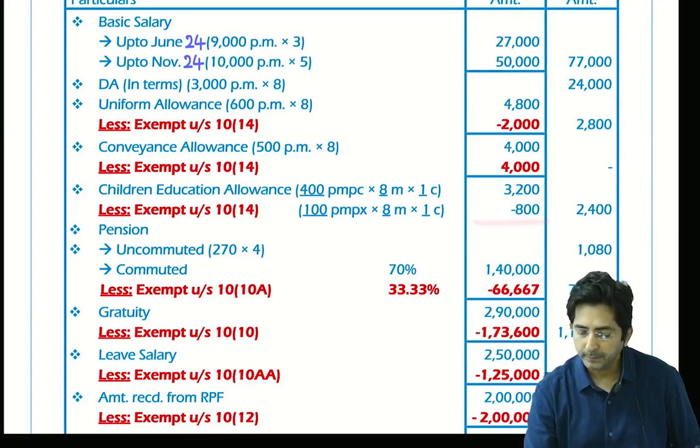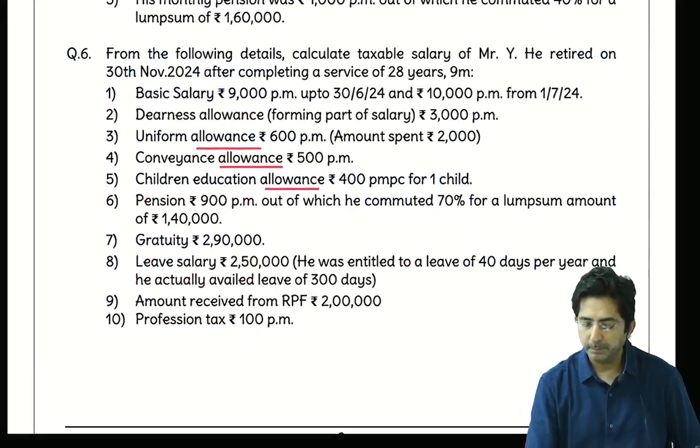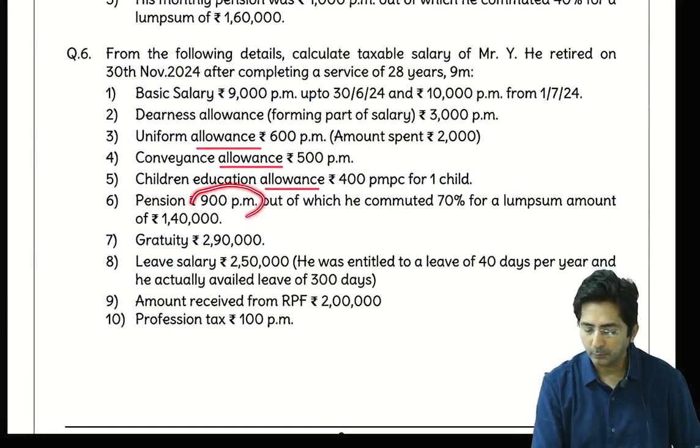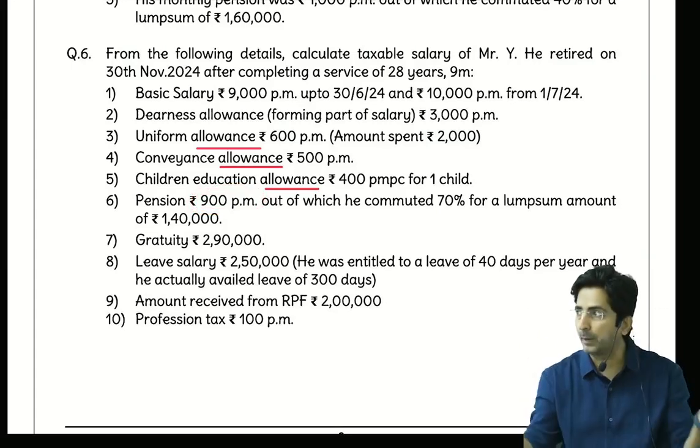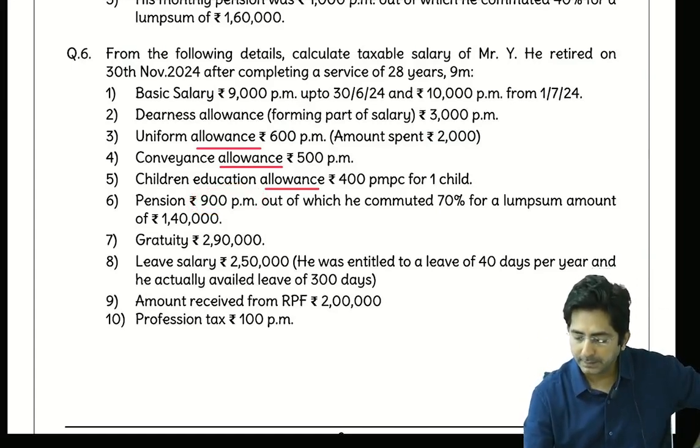Getting? Then, next was pension, 900 per month. Out of which means out of which amount? Out of 900, 70% is commuted, so that means 30% is uncommuted. So you will have to break up that 900 into two parts. 70% commuted, balance is uncommuted.